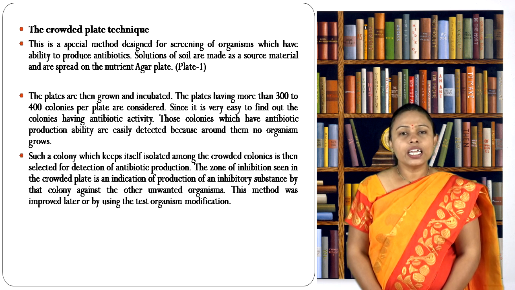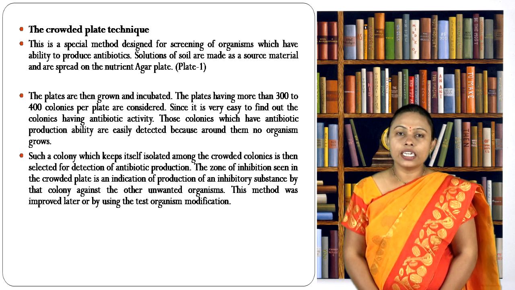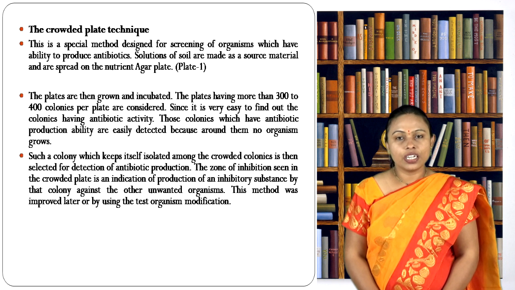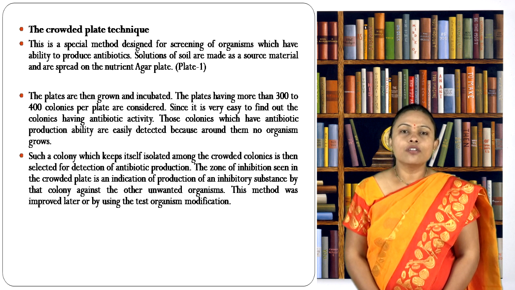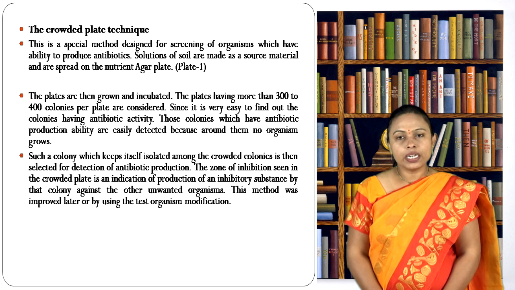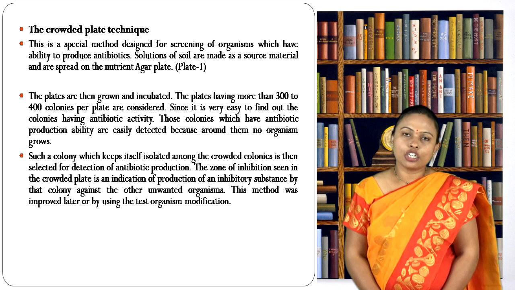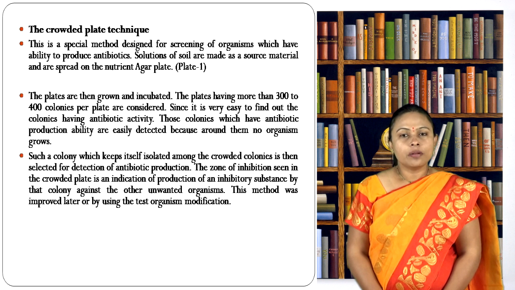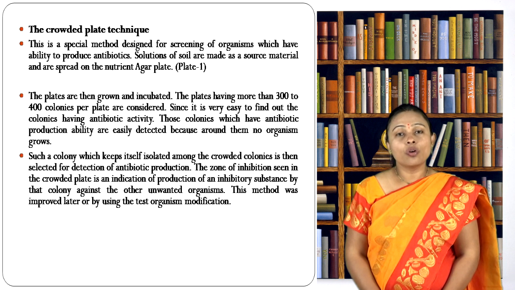Since it is very easy to find the colonies having antibiotic activity in an overgrown plate, those colonies which have antibiotic production ability are easily detected because around them no other organisms grow.